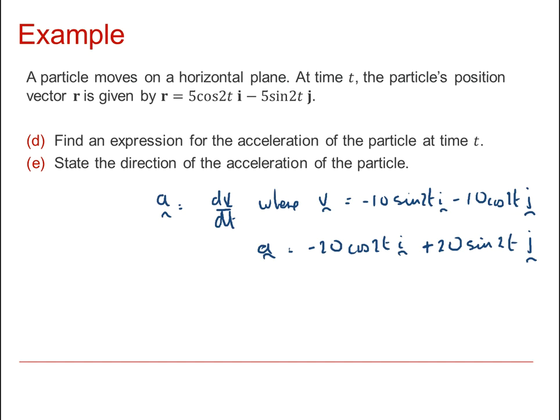So we can see that the acceleration is equal to, taking negative 20 out as a factor, cos 2t in the i direction minus sin 2t in the j direction.